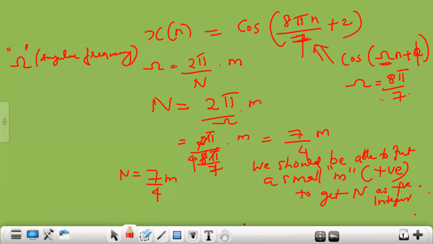It should not be a fractional value. Can anybody tell what I should put for m so that N is an integer? Multiples of 4.